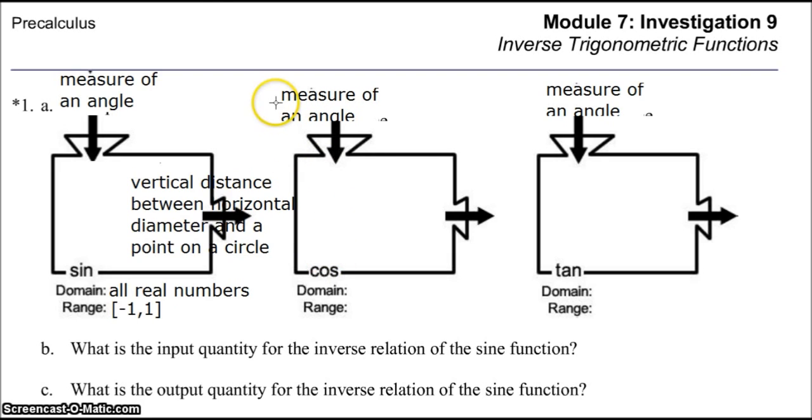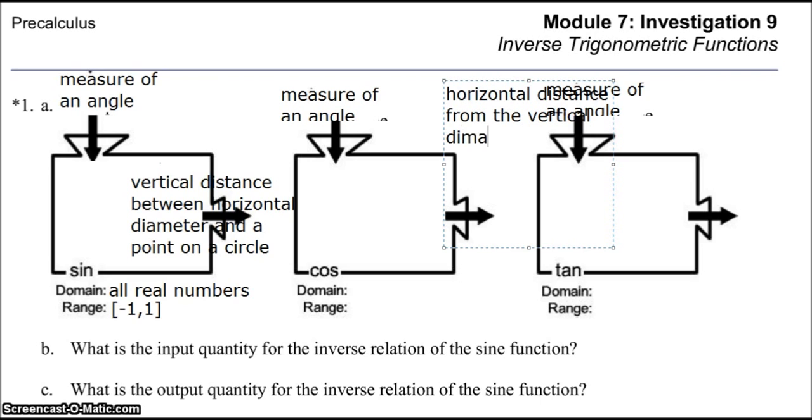Anyways, if you input that into the cosine function, what comes out is the horizontal distance from the vertical diameter to a point on the unit circle.